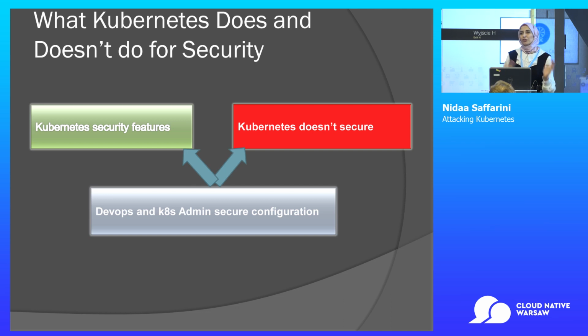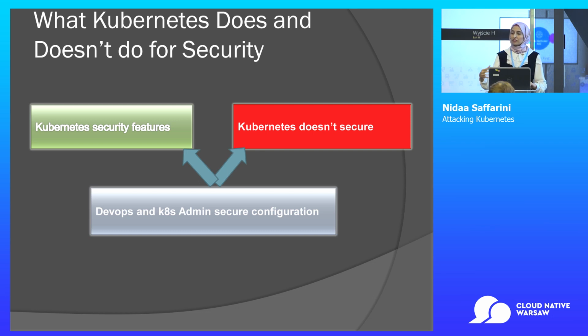The answer is yes and no. Because actually Kubernetes has some features that really add to the security, as a good side. But on the other hand, Kubernetes also does not have some security features, which makes the system and infrastructure vulnerable to hackers. Both. It depends on how DevOps and the administrator configured your infrastructure, your cloud, your network, your Kubernetes configuration.